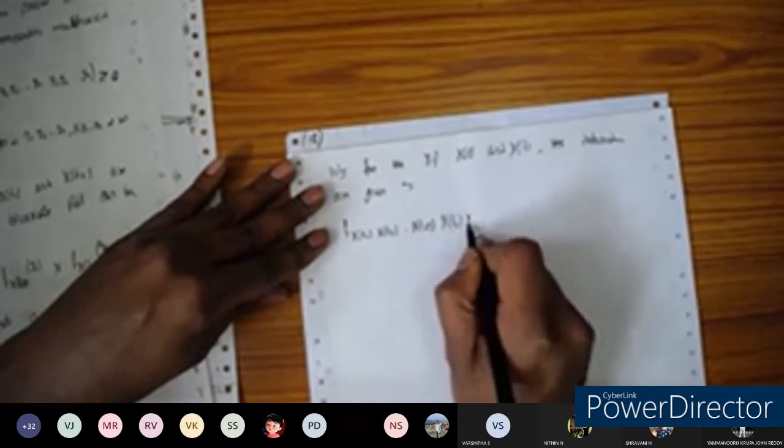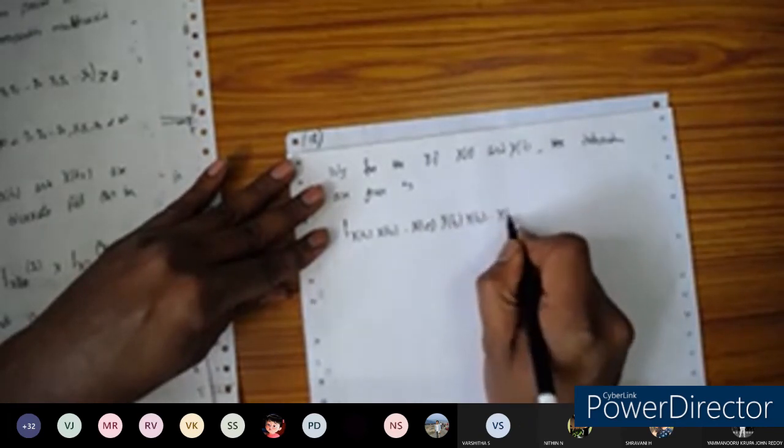So y of t1, y of t2, and so on up to y of tn.